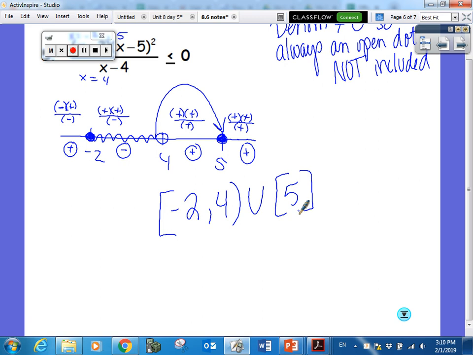So if you have a random number that's a dot, that's why those dots are important, because if you don't put those dots, you wouldn't include that 5. So everything around 5 makes that particular function positive, but 5 makes it equal to 0, so that's why we have to include it.